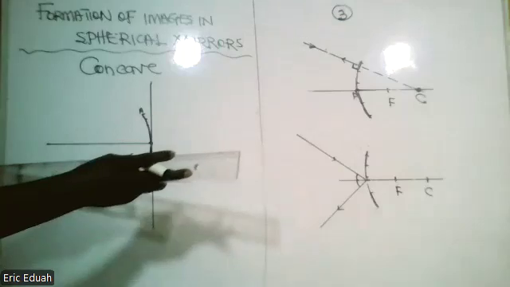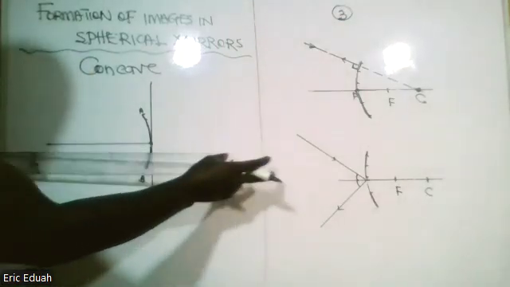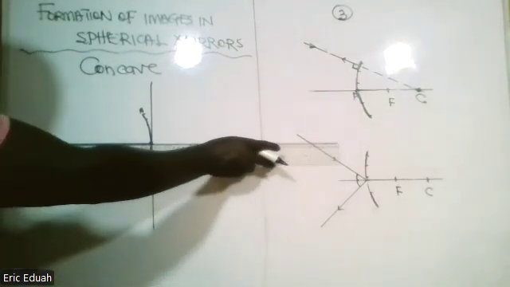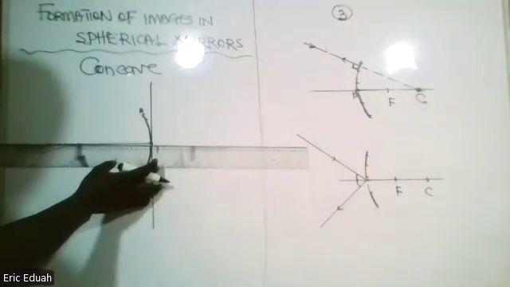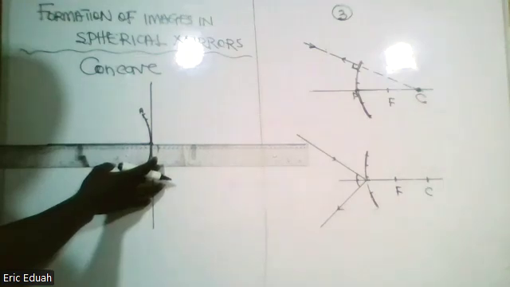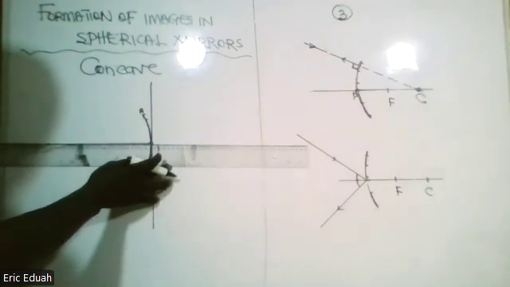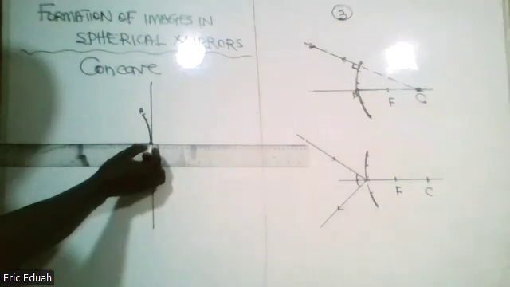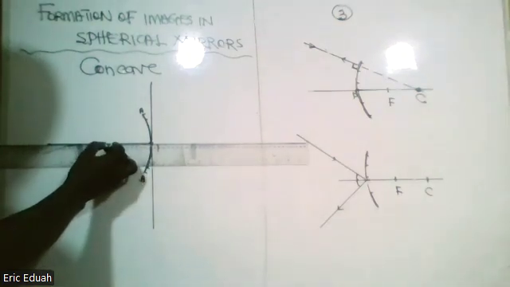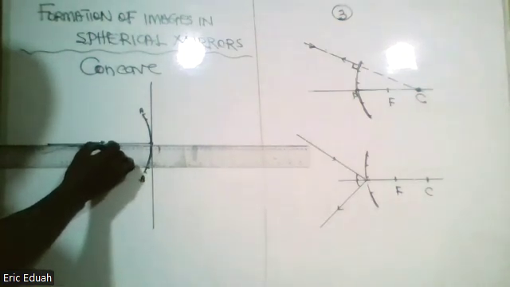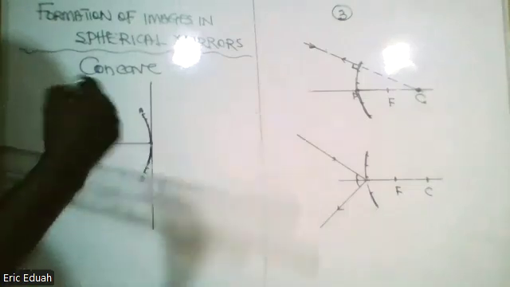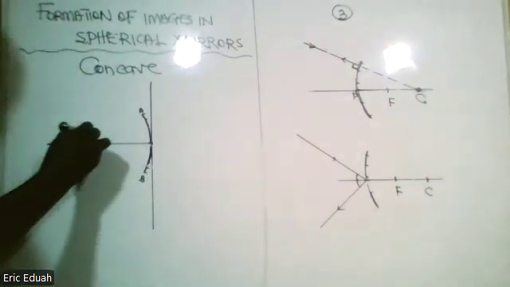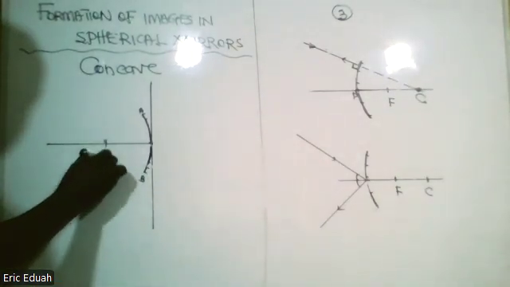Then, because I'm not giving any measurements, I'm picking a value for focal length and radius of curvature. So I'm using 10 centimeters. Measurements are taken from the pole. From the pole, I'm taking 10 centimeters.